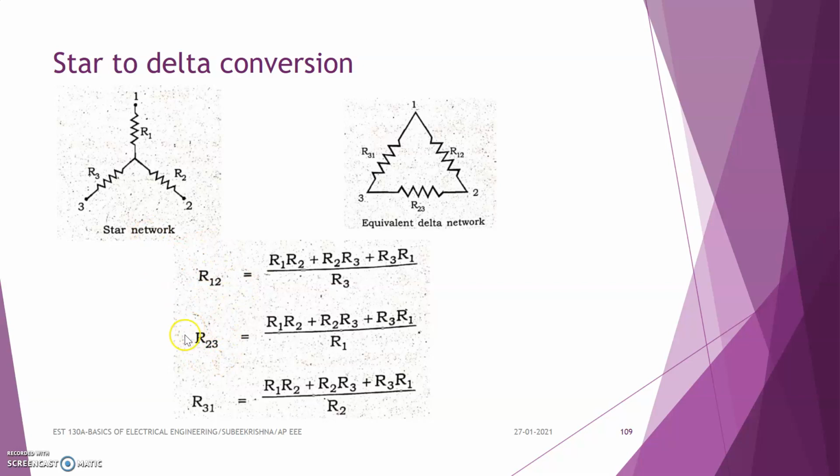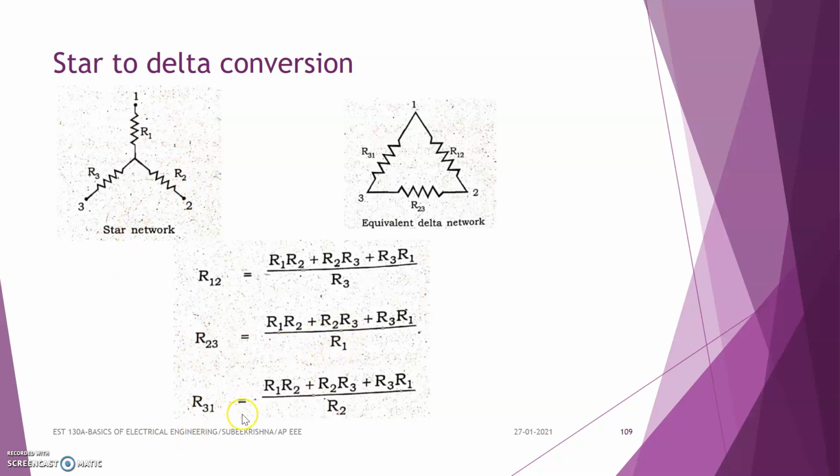And for finding R23, R23 is equal to R2 into R3 plus R3 into R1 plus R1 into R2 divided by R1, since 2 and 3 are present here.